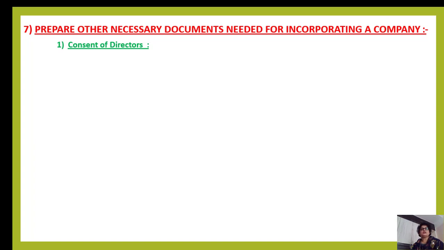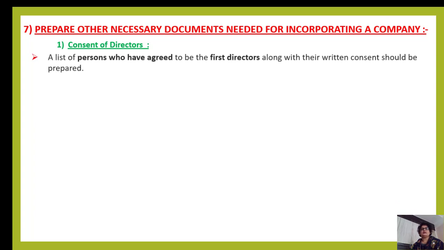In this stage, prepare other necessary documents needed for incorporating a company. So that means in this stage, the company can collect all the documents related to the directors.